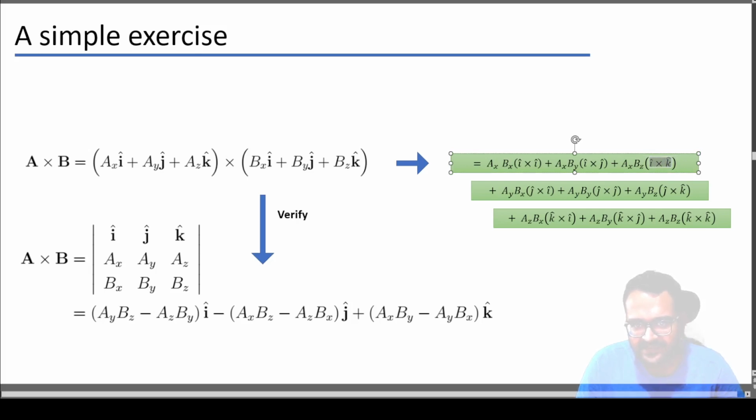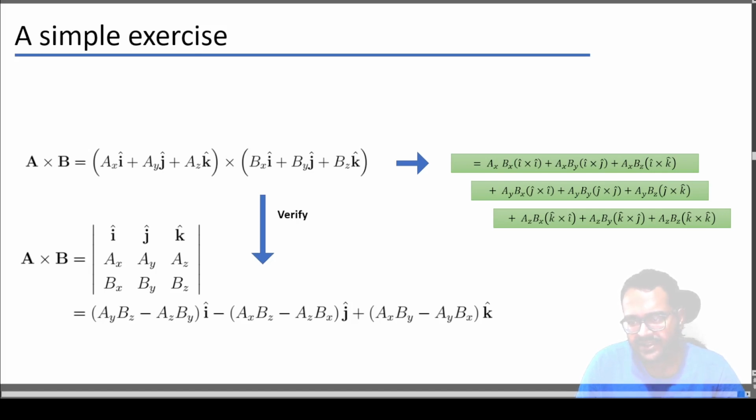Here is an i, here is a k, so i cap cross k cap. Plus AY multiplied with all the three terms, plus AZ multiplied with all the three terms.